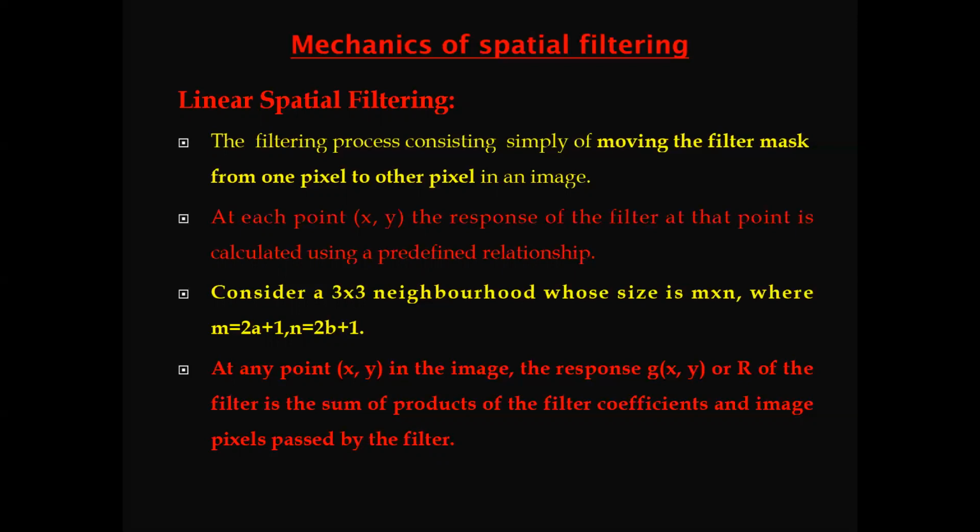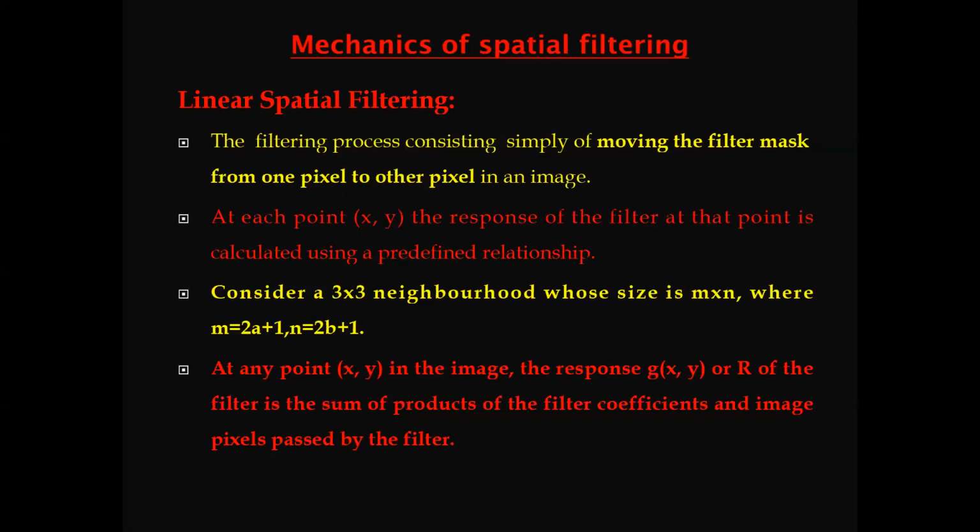For example, consider a 3 by 3 neighborhood whose size is m by n, where m equals 2a plus 1, n equals 2b plus 1, and a and b are also constants.